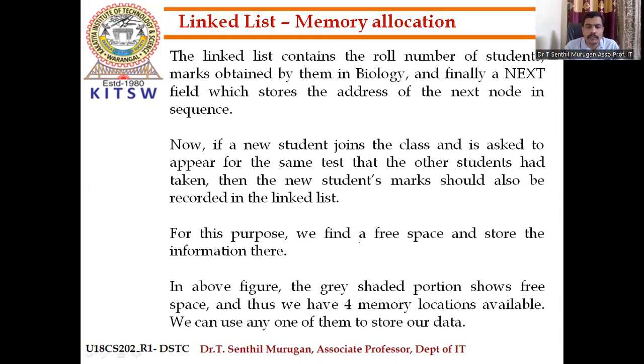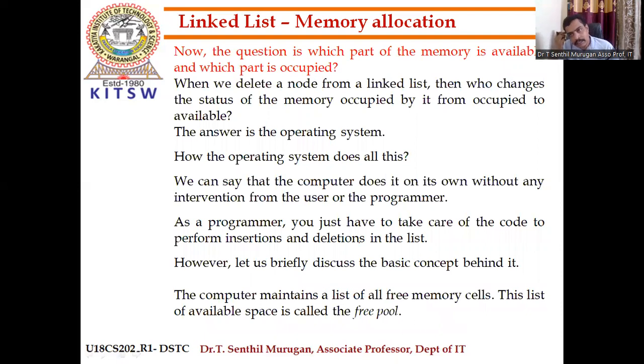So how will we find that free space and where we have to store? How do we know that? For that, the operating system will do it. We don't want to discuss and think more about allocating memory of a linked list; the operating system will take care. But even so, we must know how the operating system handles space management.